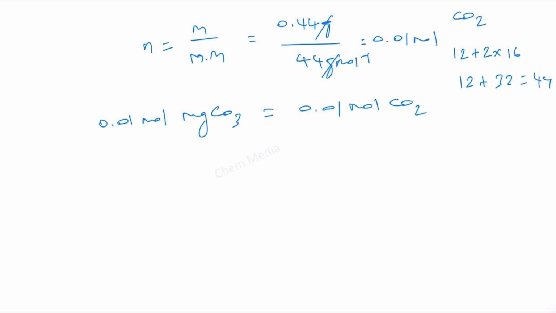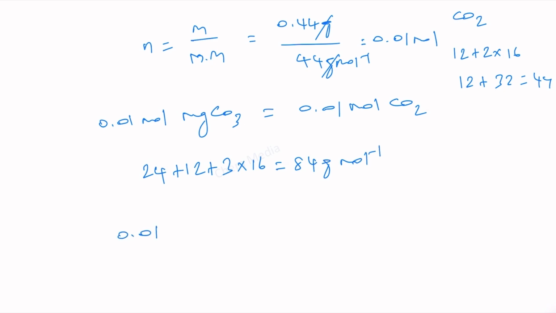Therefore, let us find the mass for 0.01 mole of MgCO3, and for that we need the molar mass of MgCO3. So, for Mg it is 24, carbon 12, 3 times oxygen 16, and therefore, this will be equal to 84 gram per mole, the molar mass of MgCO3.